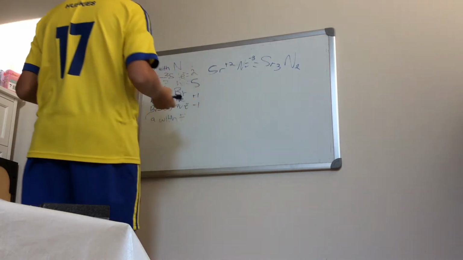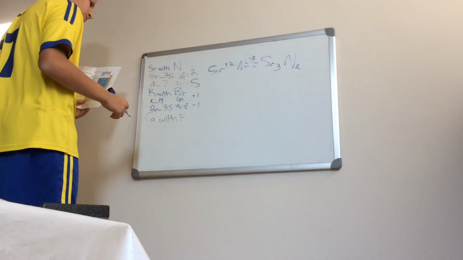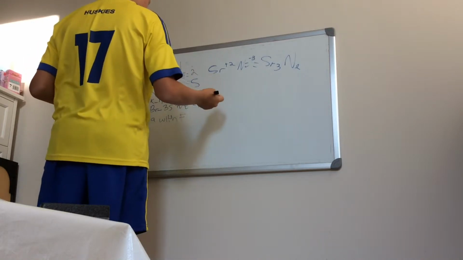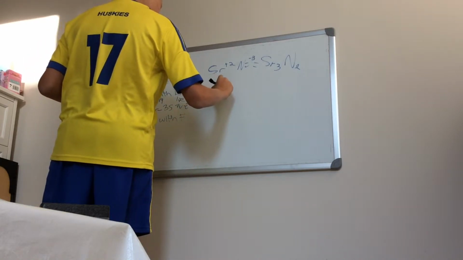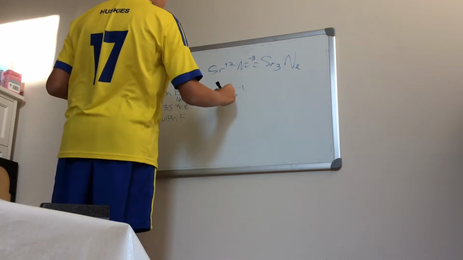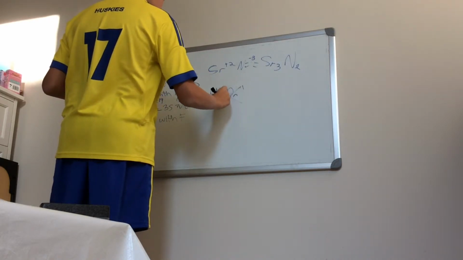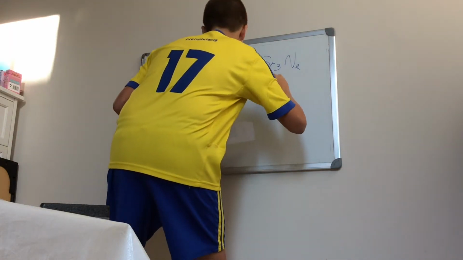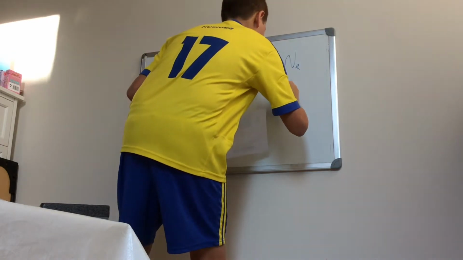So what you want to do is cross the two charges. Like you want to put the 3 next to Sr and the 2 next to the N. So you will have the coefficients.